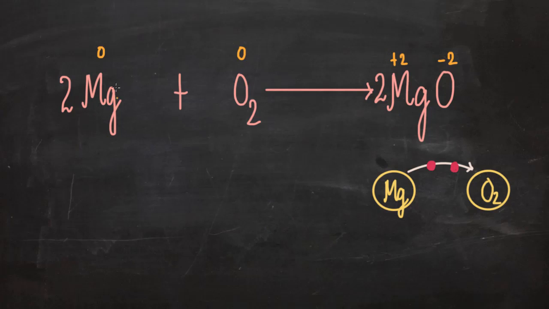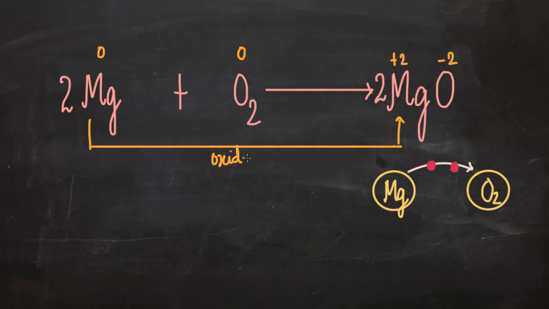Let's see what exactly is happening here. So the charge on magnesium is going from 0 to +2. The charge on magnesium is increasing, or the oxidation number is increasing, and we know that increase in oxidation number is oxidation. So I can say here that magnesium is getting oxidized.